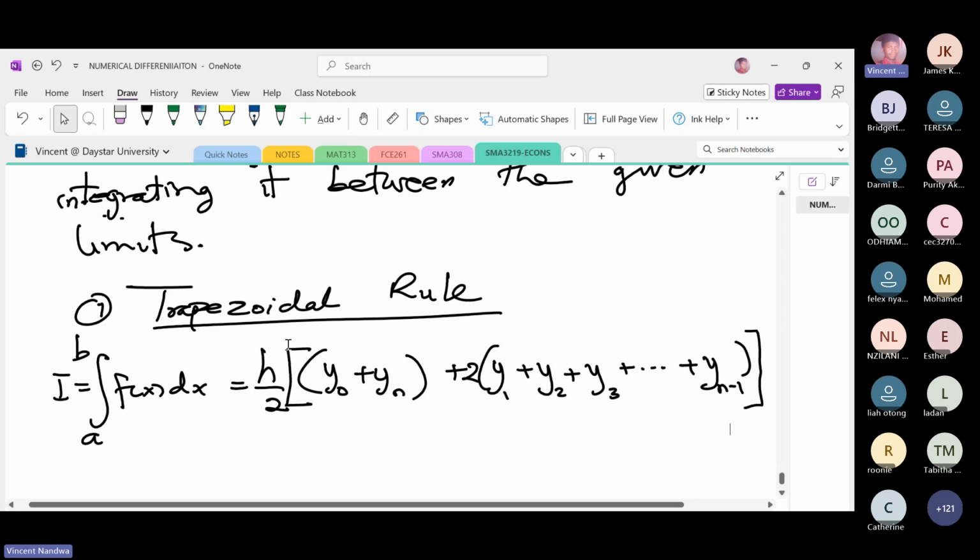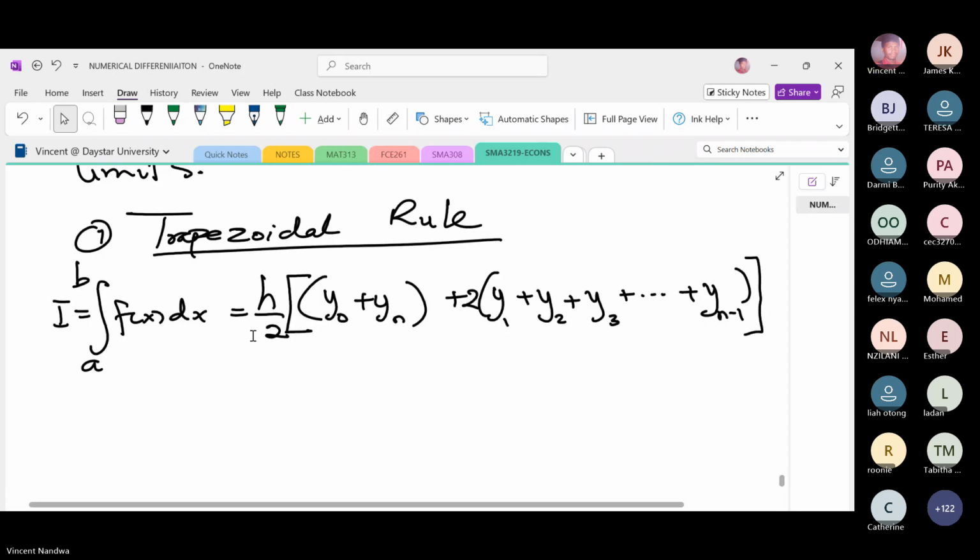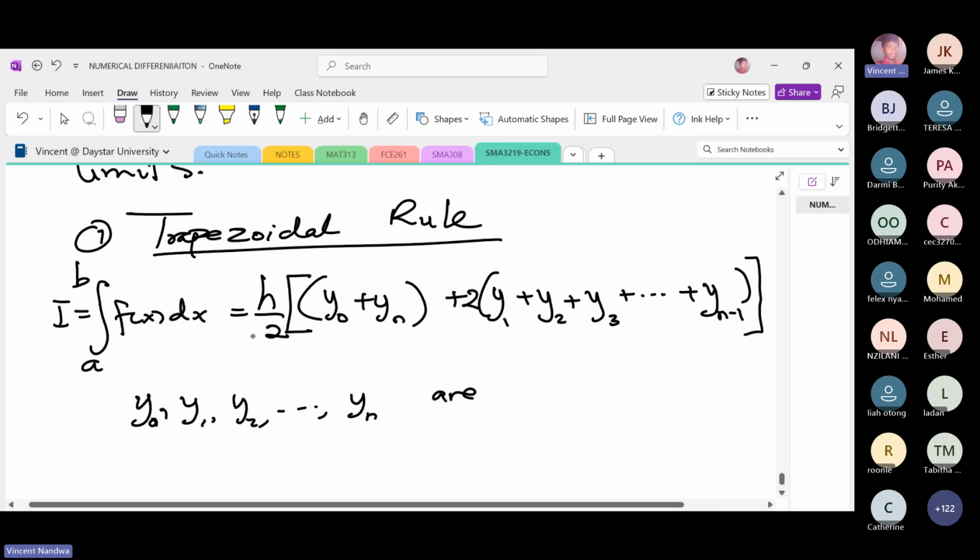So y naught, y1, y2, all the way up to yn are called ordinates.